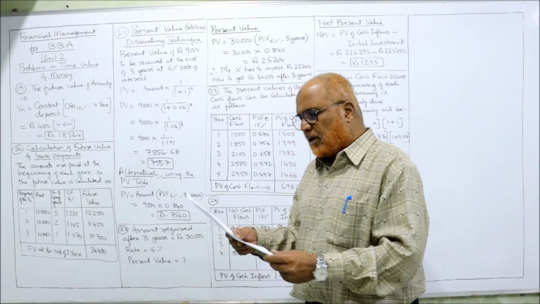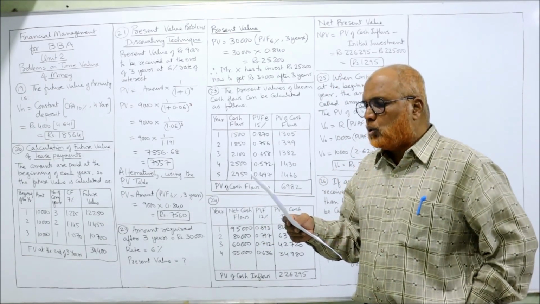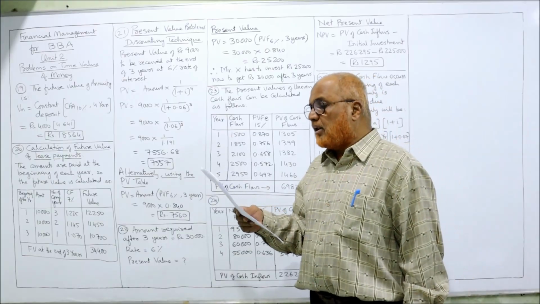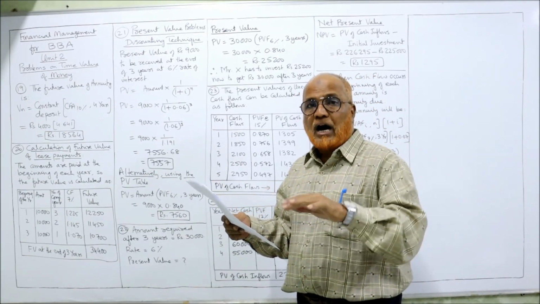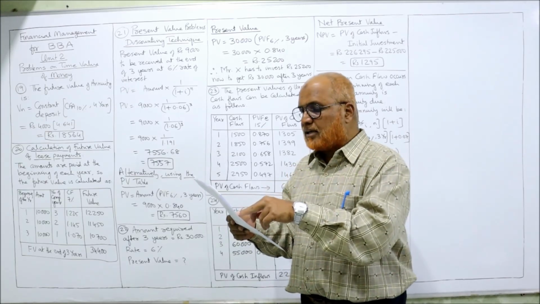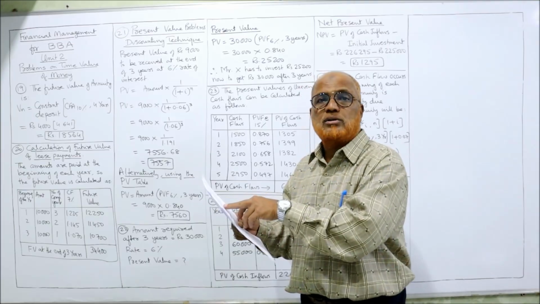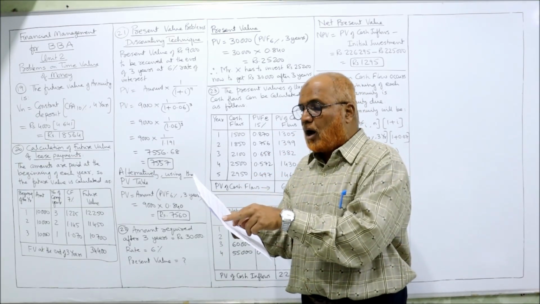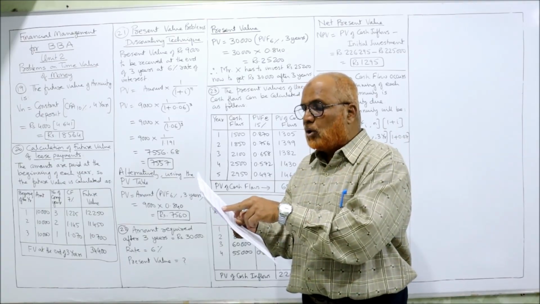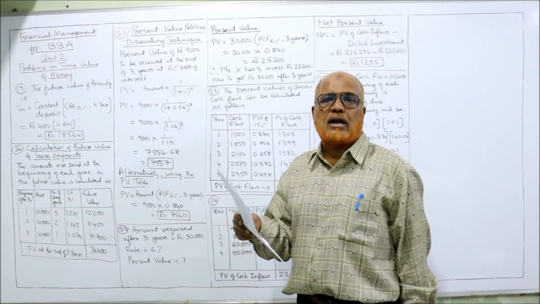Now, 22nd problem. Mr. X plans to go to graduate school 2 years from now. He will require 30,000 in 3 years. So after 3 years, Mr. X wants 30,000. How much must he invest today to fund his graduate school if the investment earns 6% per annum?